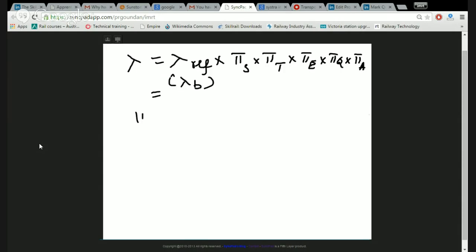What is the pi factor? Yes, pi S is the stress factor, the voltage stress, depending on what voltage you apply. Pi factor T, you could have guessed it, is the temperature factor.